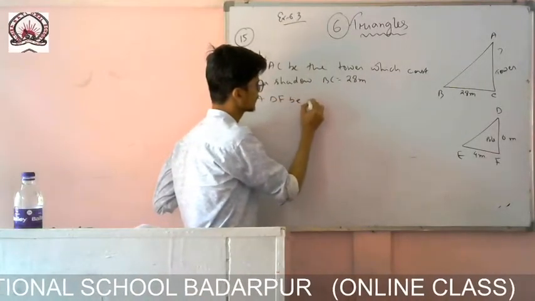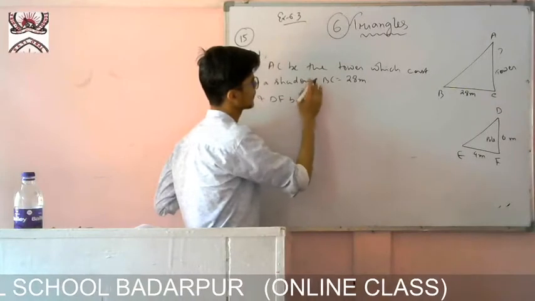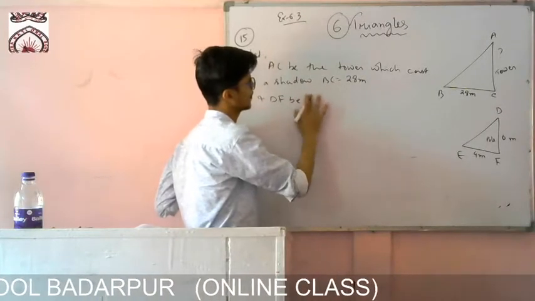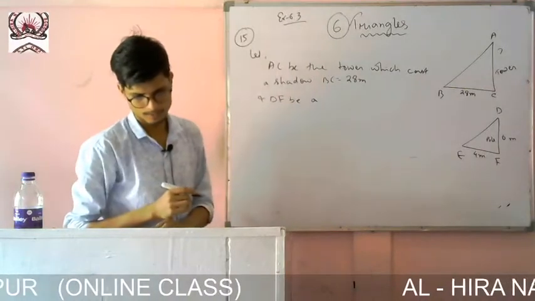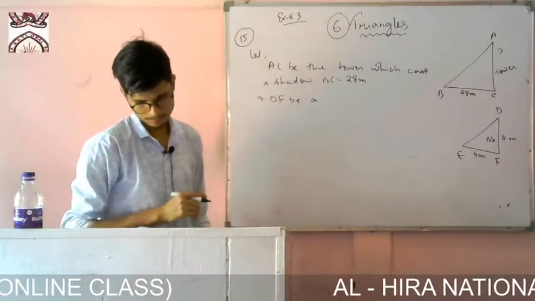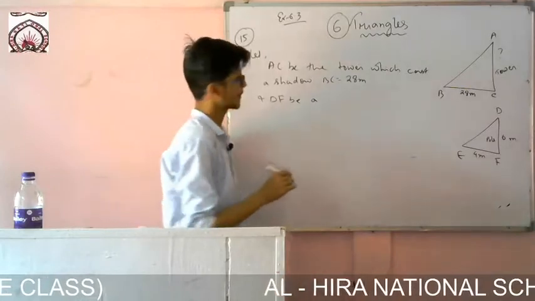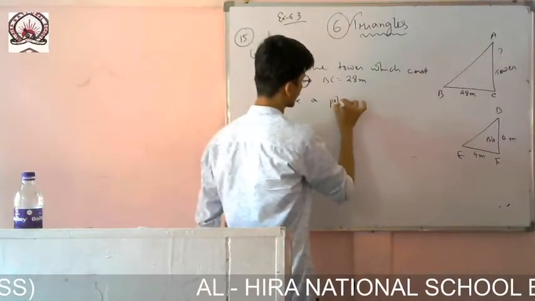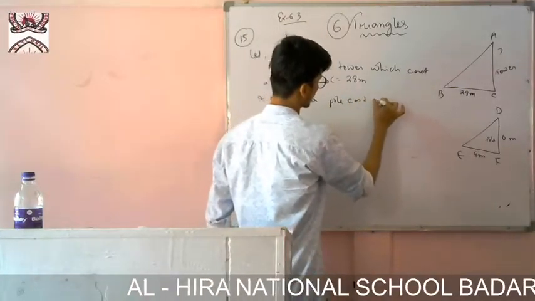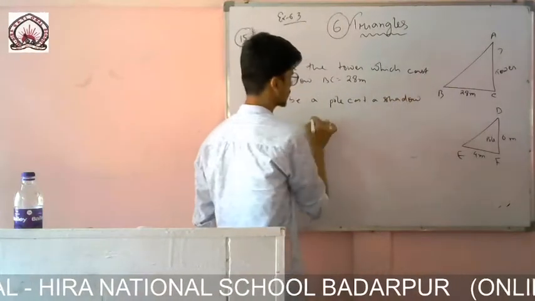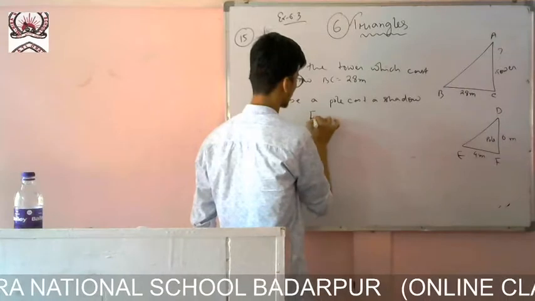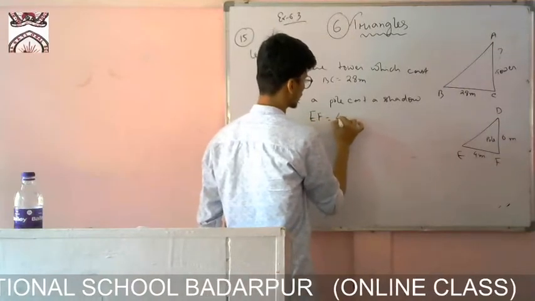And let DF be a vertical pole casting a shadow EF equal to 4 meter.